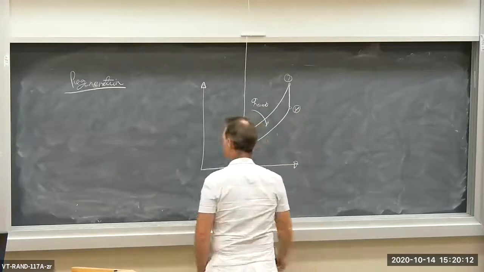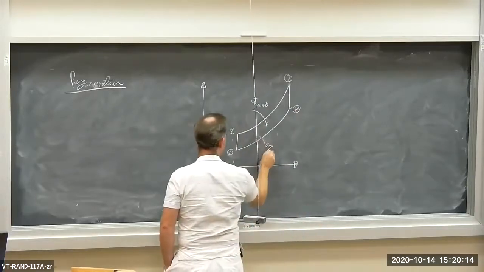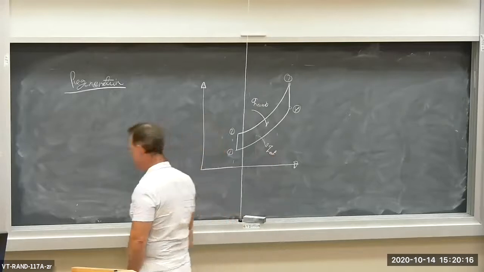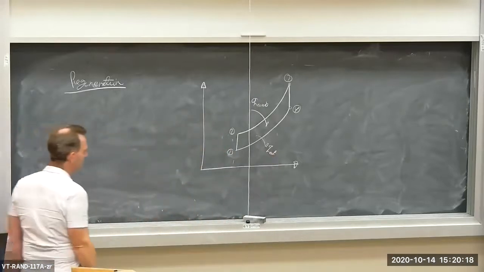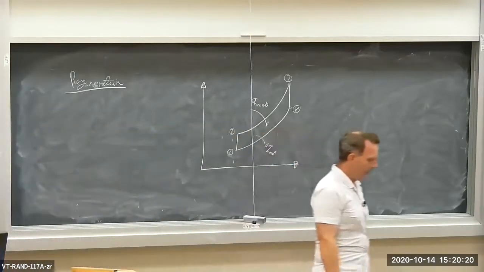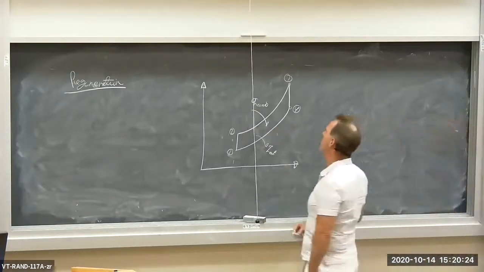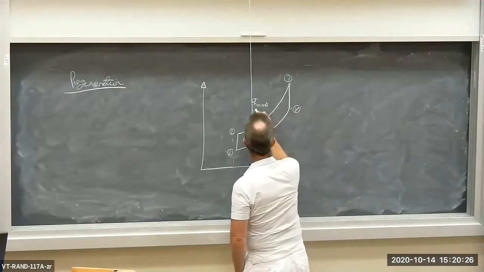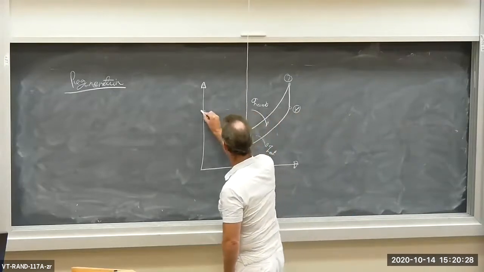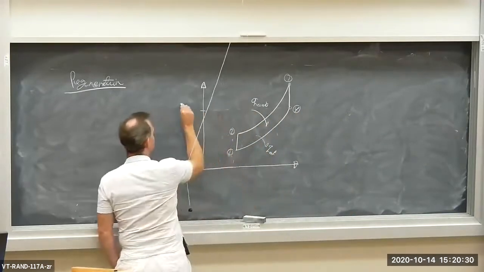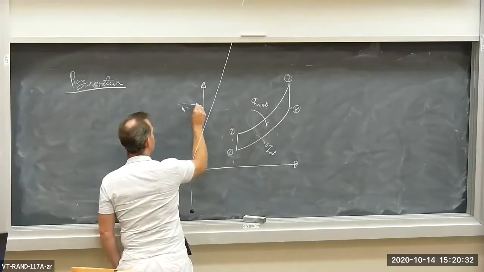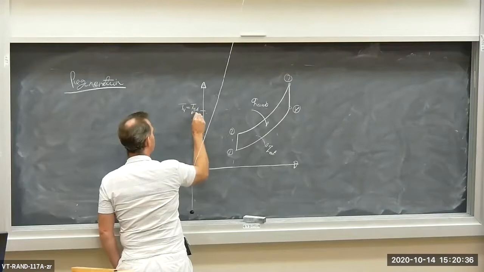And then we have heat rejection going on here. Now, I want you to notice something here with this particular cycle. Notice that the turbine exit temperature, T4, T-turb exit.